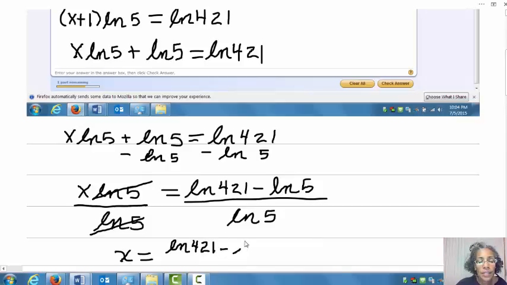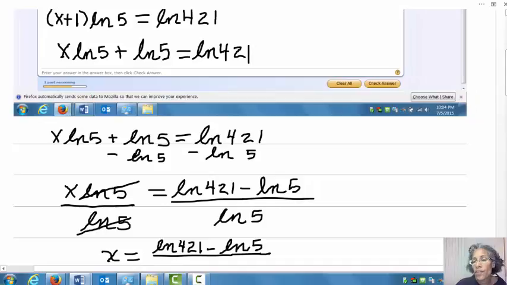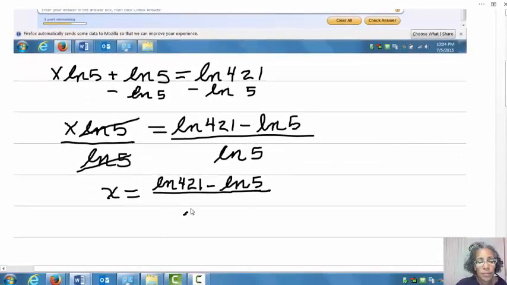And on the right, I have the natural log of 421 minus the natural log of 5 all over the natural log of 5. And that would be an acceptable form for the exact final answer in terms of natural logs.